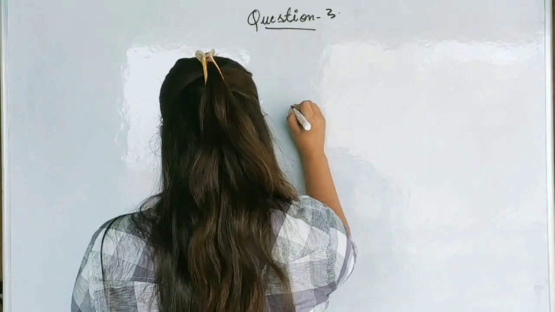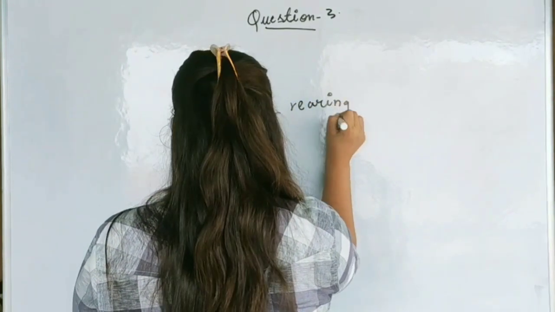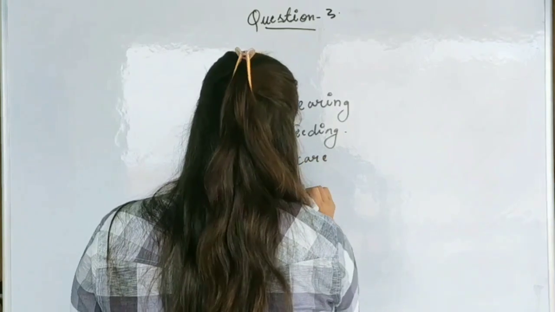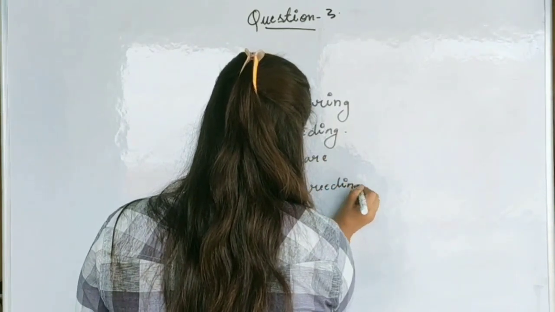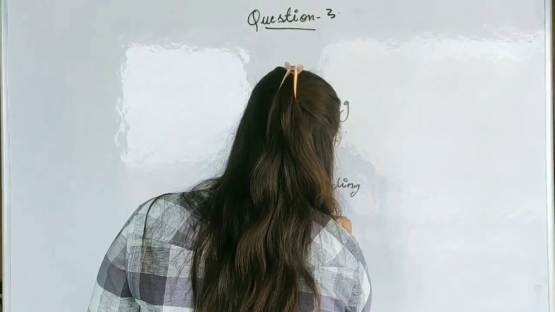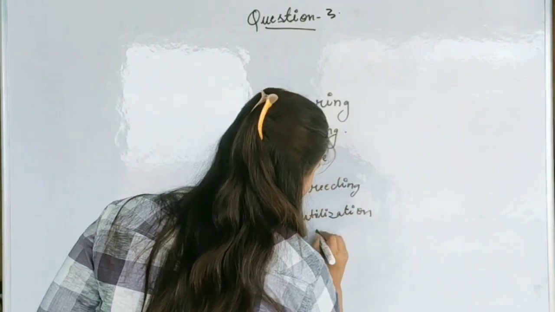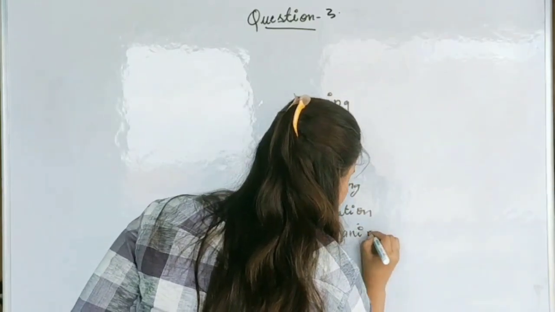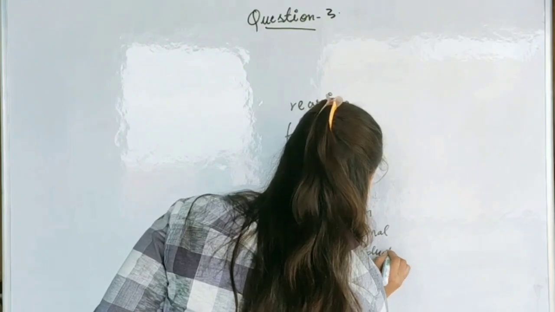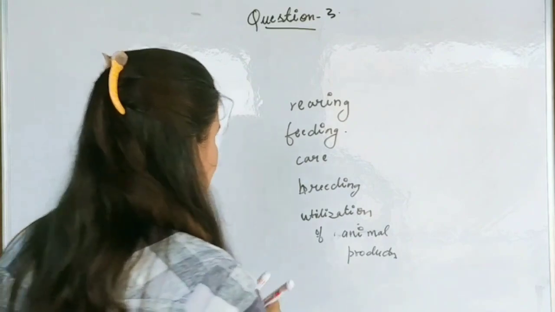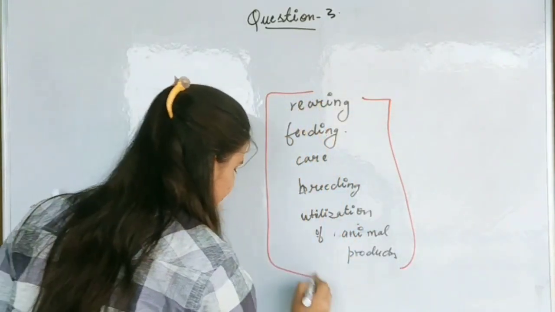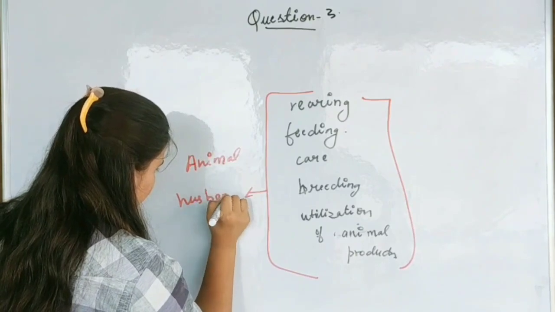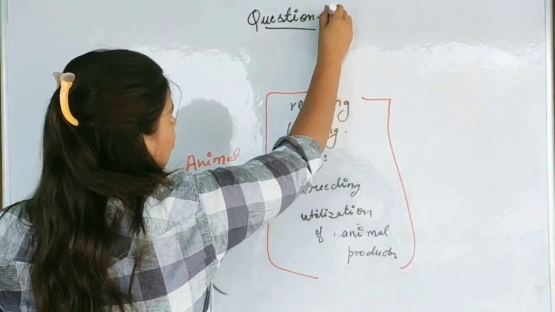So if we talk about rearing, feeding, care, breeding, and utilization of animal products, this all comes under animal husbandry.